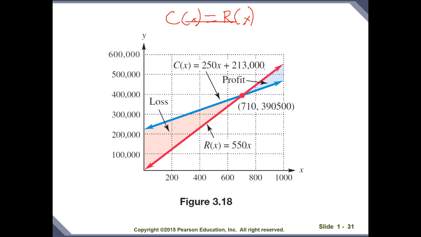So in this particular setup, we would take 250x plus 213,000 equals 550x. And then we would solve this using algebra. We would subtract 250x from each side.